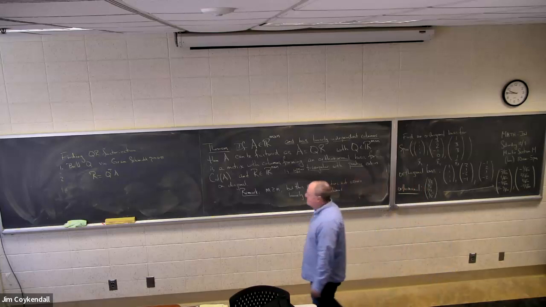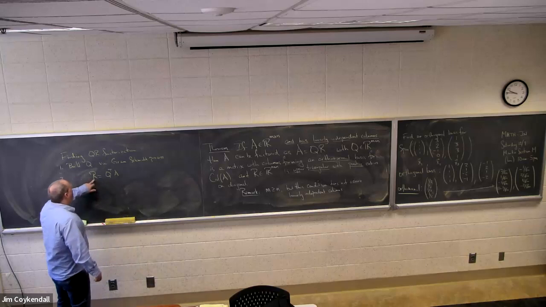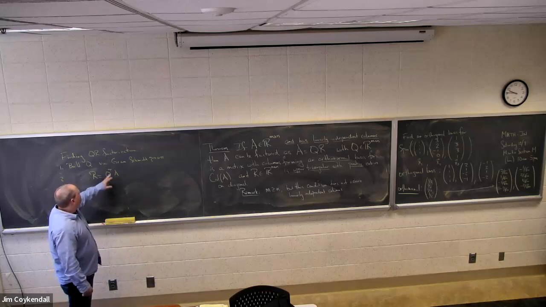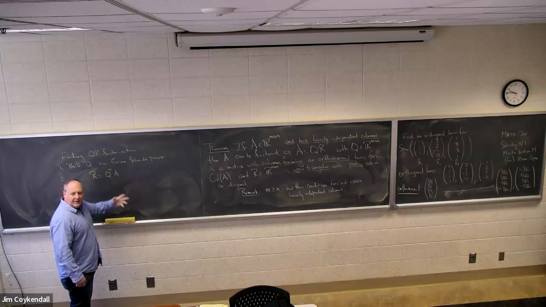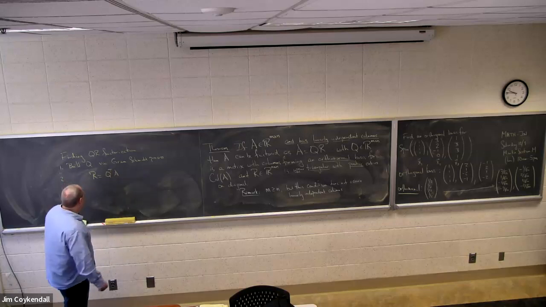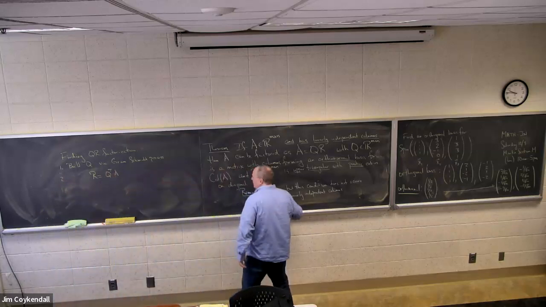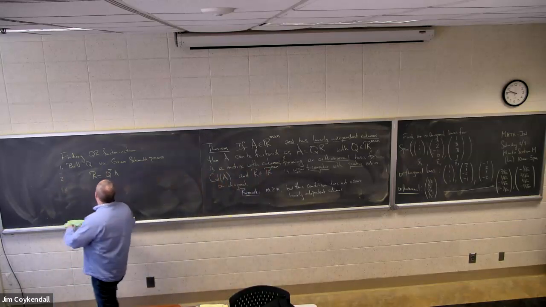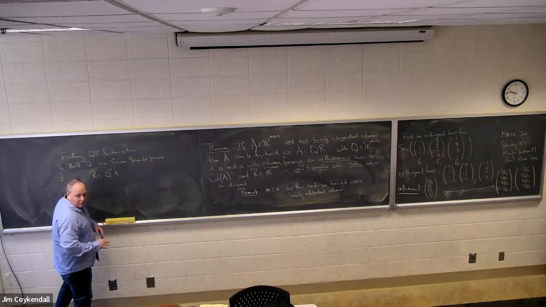You just take Q transpose times whatever A was, and that gives you R. Why does this work? The reason, and this is kind of the big thing, is that you multiply both sides on the left by Q.